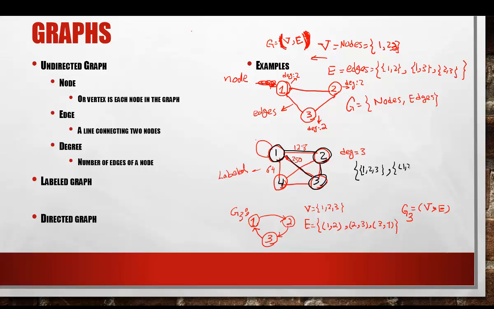So 1, 2, 2, 3, and 3, 1. Then this graph G sub 5 will be a subgraph of G sub 2, which is all the 4 elements, the whole graph. So a subgraph is a graph that's contained within another graph. Its set of nodes and its set of edges are subsets of the other graph's.